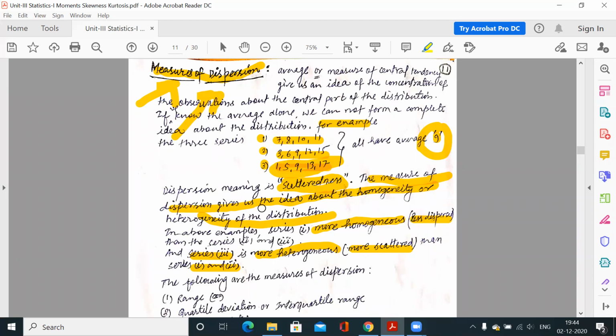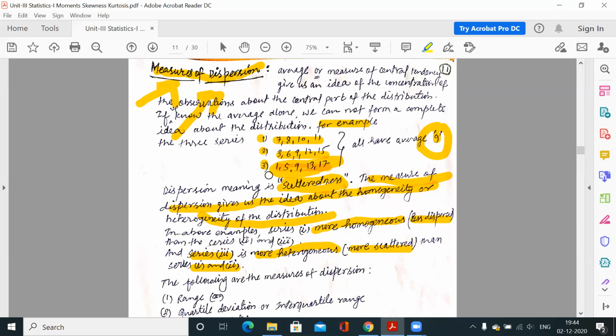The measure of central tendency is a single value which represents all the data points, a single value around which all the data points concentrate, or we expect that all the data points are around the central value. But if we cannot compare two data sets based on the measure of central tendency, then we go to measure the dispersion of the data.